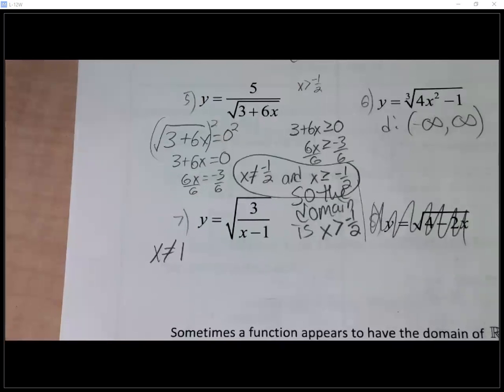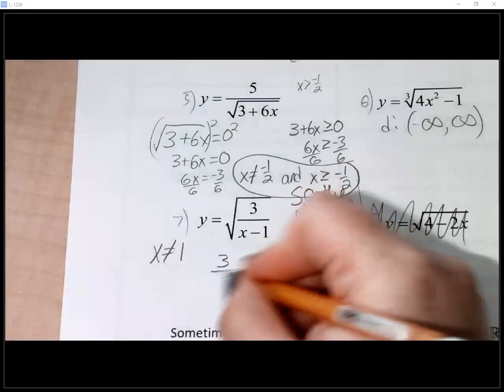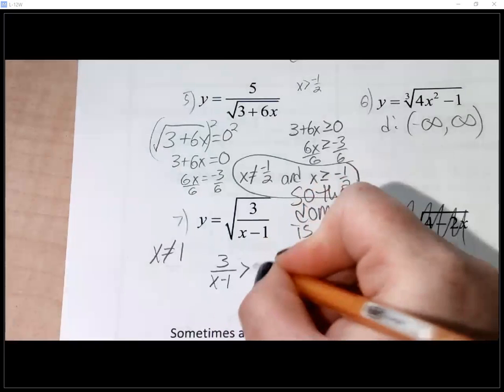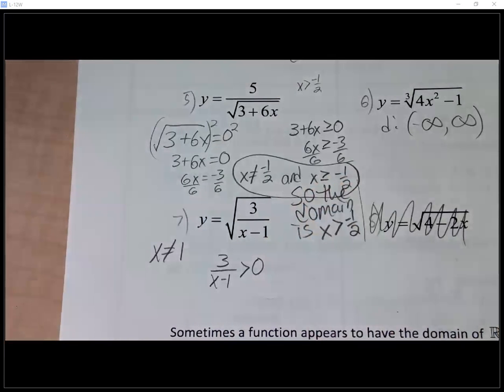So the other piece of this is that this whole thing has to be greater than or equal to 0. Do you guys remember how to solve a rational inequality?